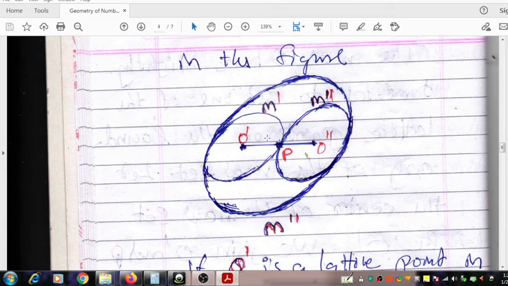So that M set, for the time being, let's call M double prime, because its area is 4 times that of M prime. But what is the area of this set M prime?